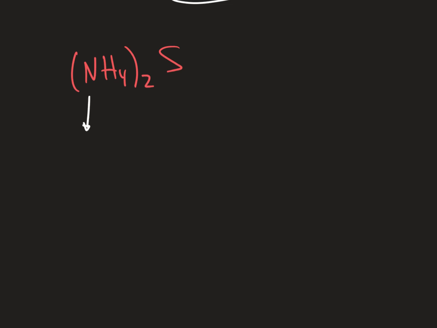So nitrogen, how many nitrogens are there? What's the molar mass of nitrogen? It is 14. There are 2 of them. Good. Hydrogen has a molar mass of 1. And there are how many? 4 times 2? Good, so 8. Perfect. Plus sulfur has a molar mass of 32, and there's only 1.